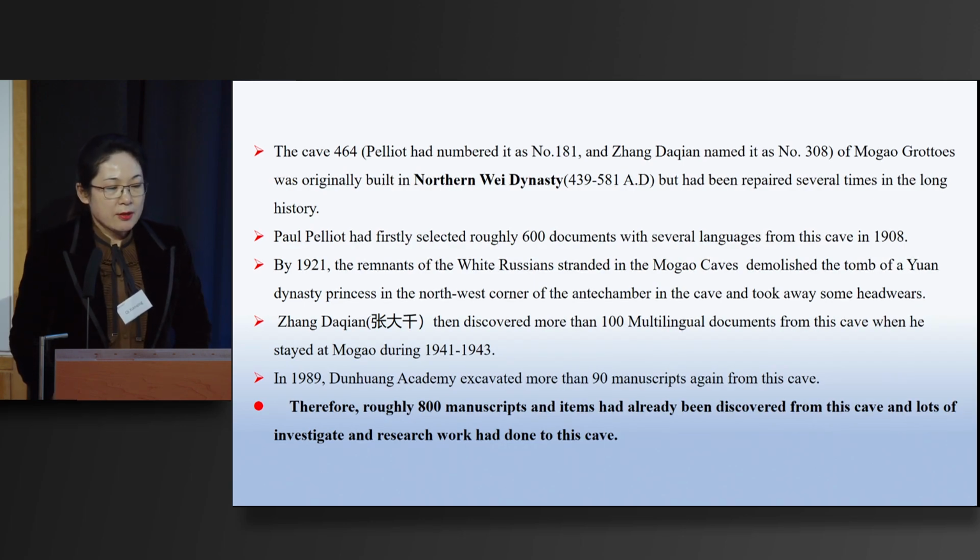Then Zhang Daqian discovered more than 100 multilingual documents from this cave when he stayed at Mogao during the last century. And in 1989, the Dunhuang Academy excavated more than 80 manuscripts again from this cave. So roughly 800 manuscripts and items have been discovered from this cave, and a lot of investigation and research work has been done on it.